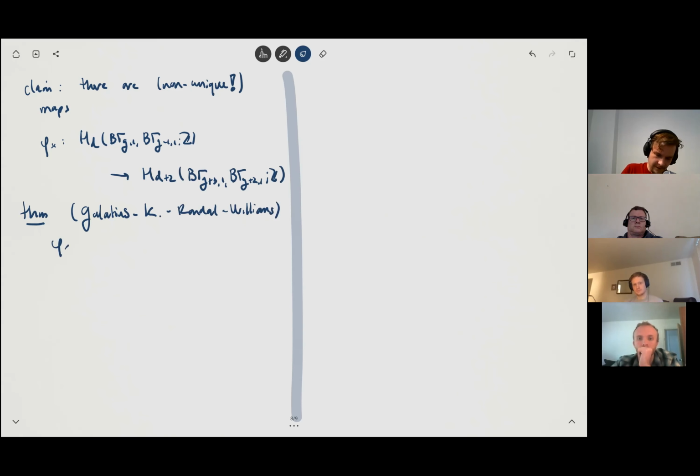So phi star is a surjection for any choice of secondary stabilization map for degrees less than or equal to 3g/4 and an isomorphism in a slightly lower range.